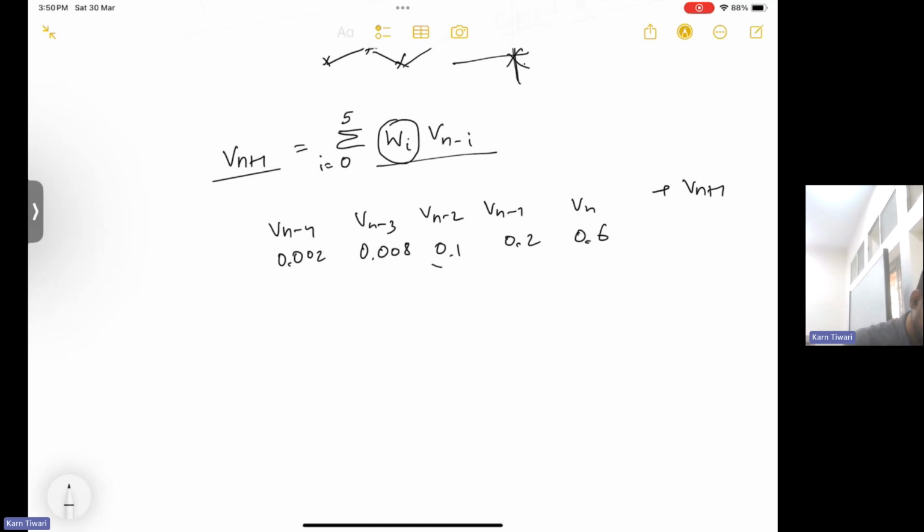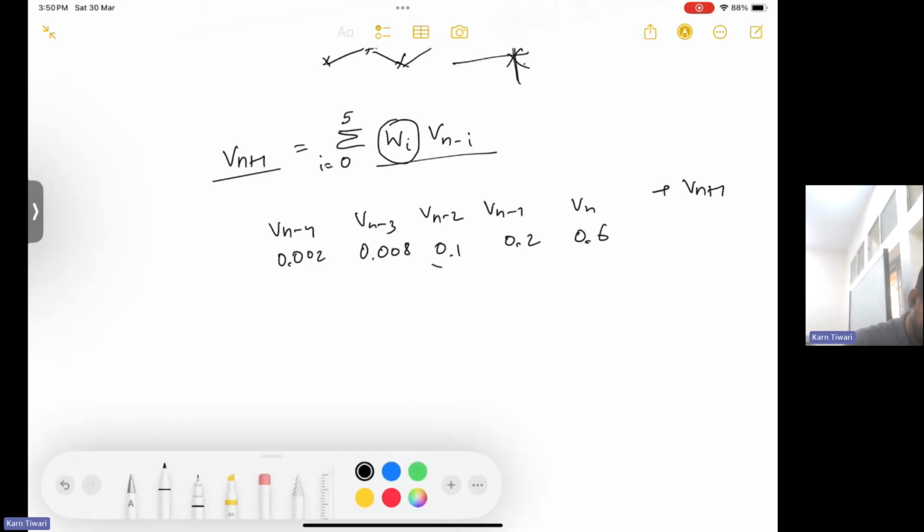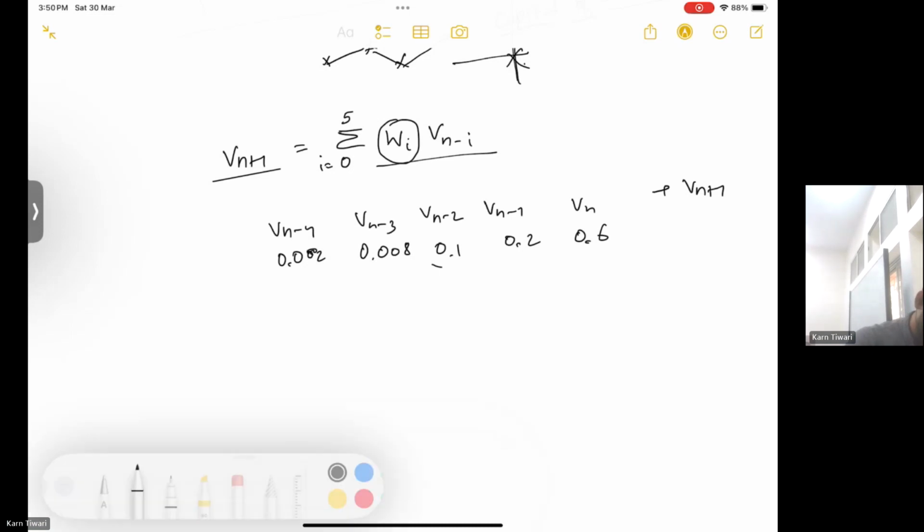If I add these two, it will be 0.08 and 0.02.